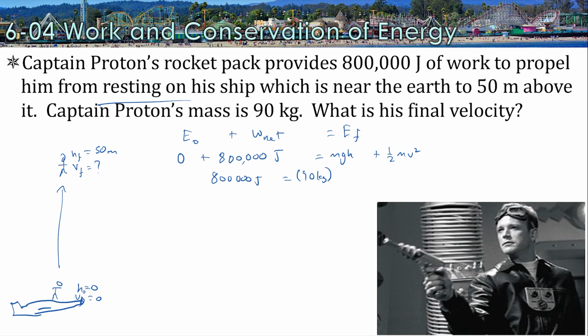Mass is 90 kilograms. G is 9.8. Height is 50 meters. So 90 times 9.8 times 50. That's his potential energy.